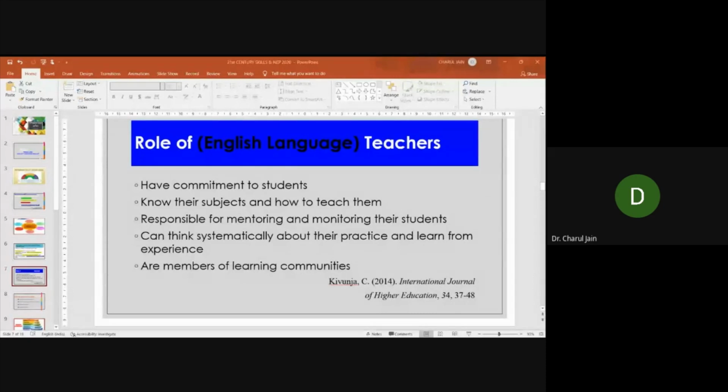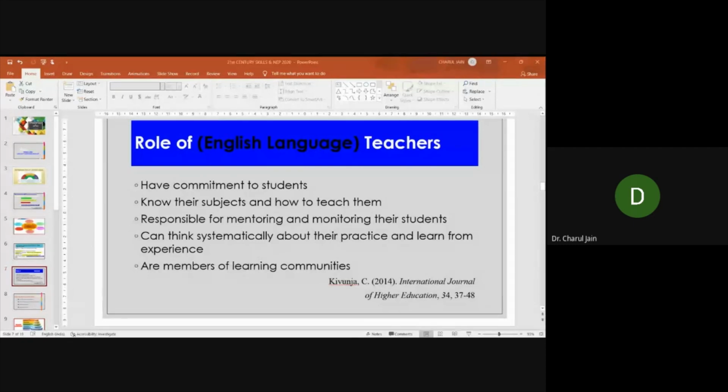They know their subjects, they know how to teach them. The role of the teacher, as you are rightly saying, is more of a facilitator, more of a moderator. What is very important is that we are mentoring our students and we are responsible for monitoring their progress.